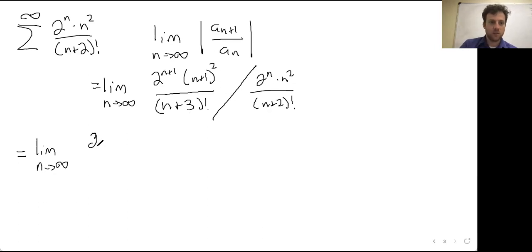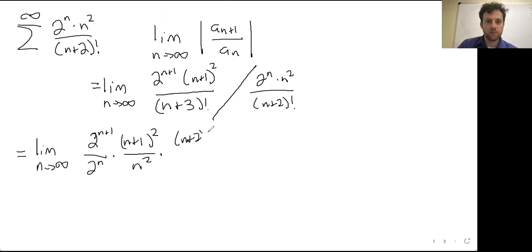So we get 2 to the n plus 1 over 2 to the n. Then we have the powers, n plus 1 squared over n squared. And then the factorials, n plus 2 factorial over n plus 3 factorial.